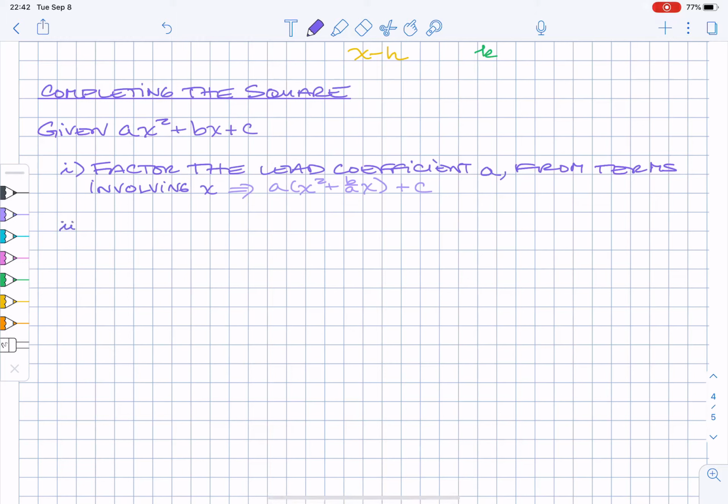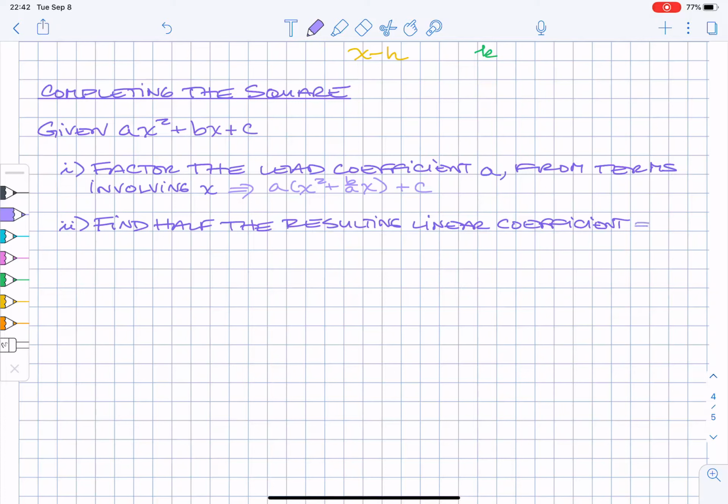Number 2, we're going to find half the resulting linear coefficient. Okay, so for us, that's going to be b over 2a, because as it stands, it's b over a, right?